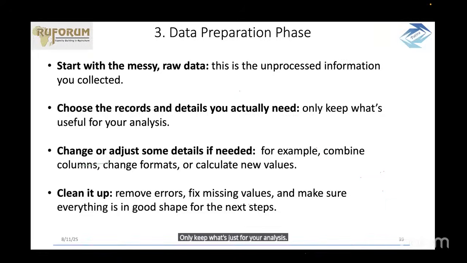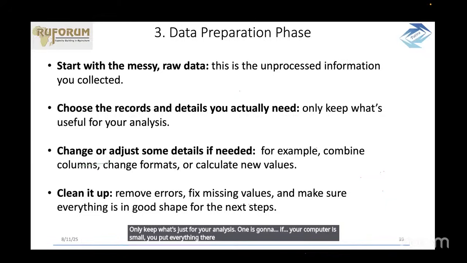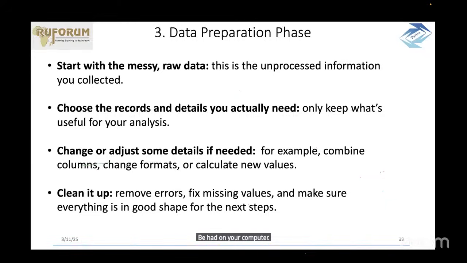If your computer is small and you put everything there, it's going to be hard on your computer. Change or adjust some details if needed. You can combine columns, change formats, and do other things. Clean your data to remove errors, fix missing values, and so forth, okay?